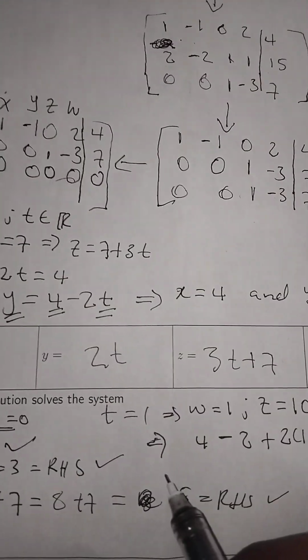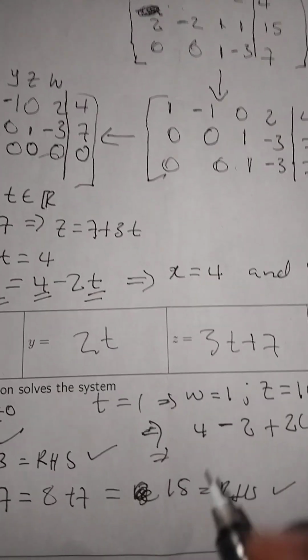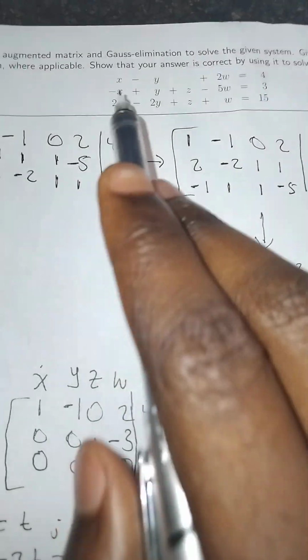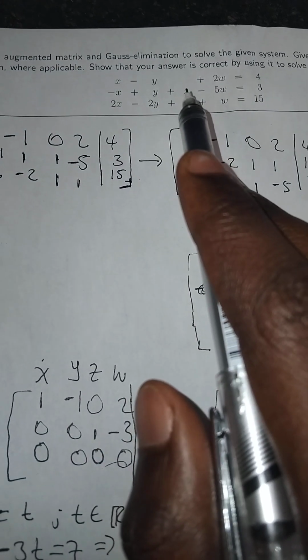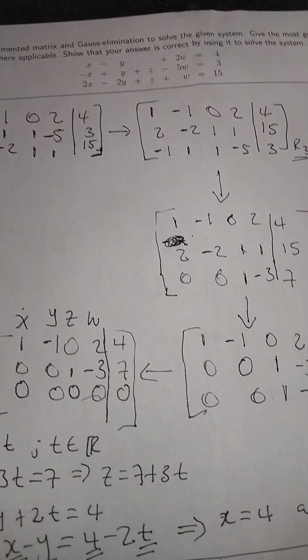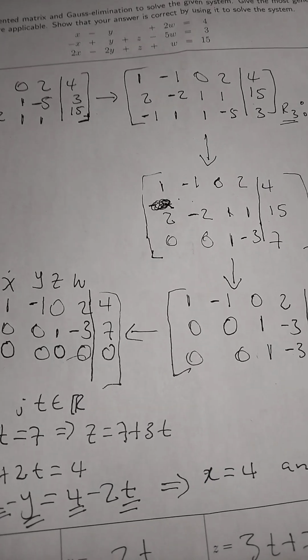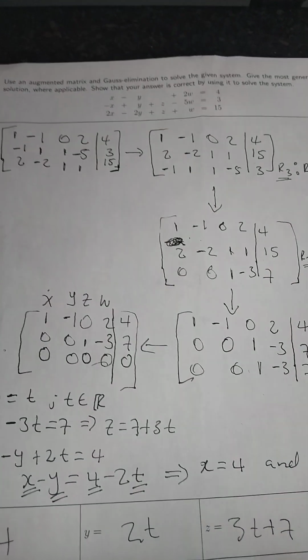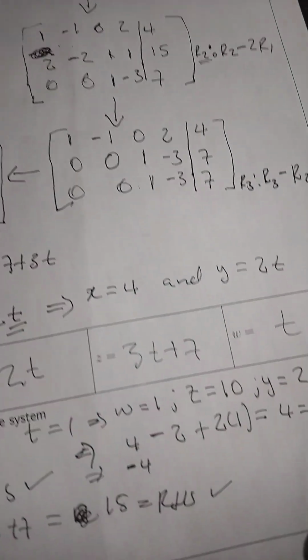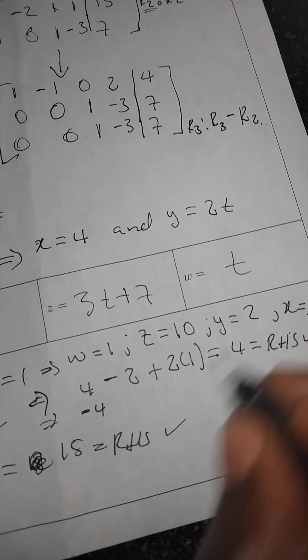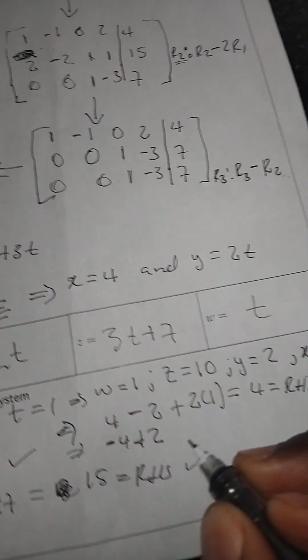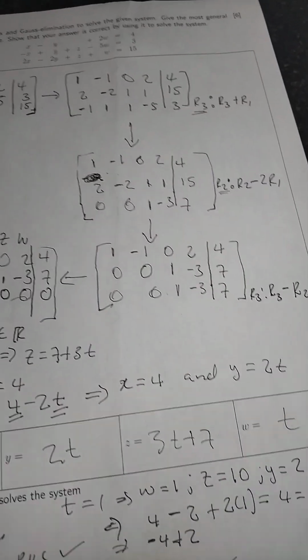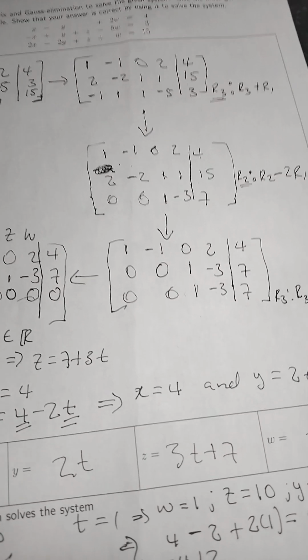So let's check equation 2. It says minus x plus y plus z minus 5w. Minus x shows that we have minus 4, since our x is 4. And our y is 2, so minus 4 plus 2, plus z.